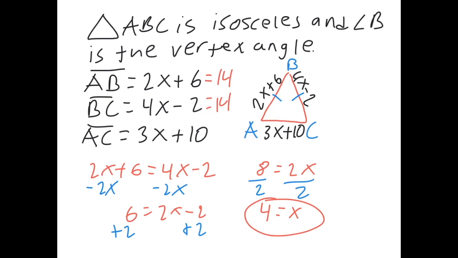If they don't, you probably did something wrong somewhere. And then 3x plus 10, so 3 times 4 is 12, plus 10 is 22. So those are the measurements of all of the sides.